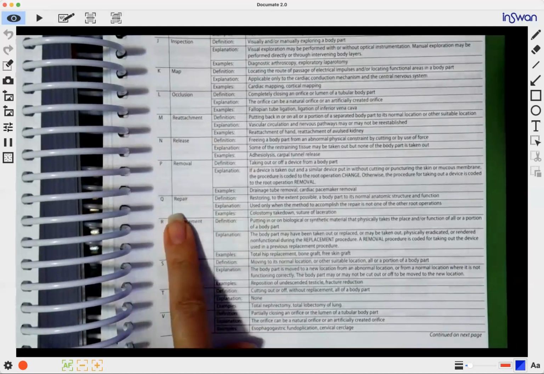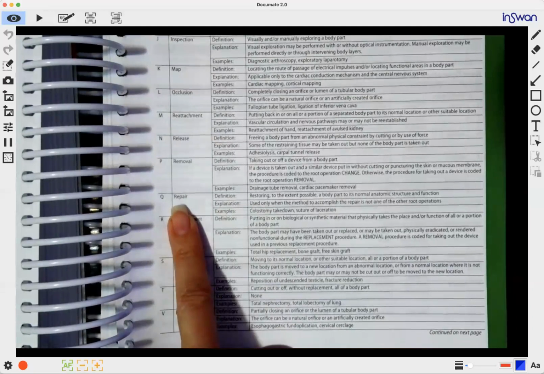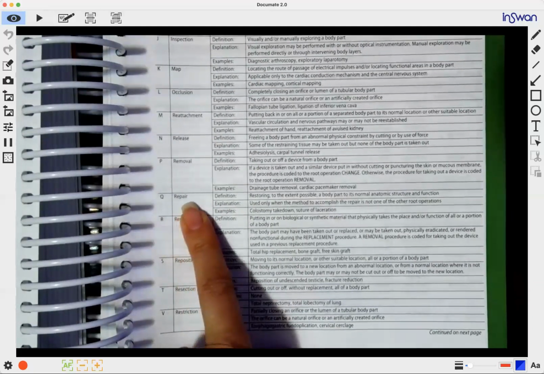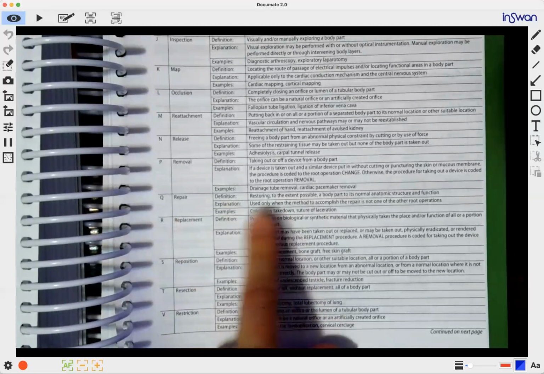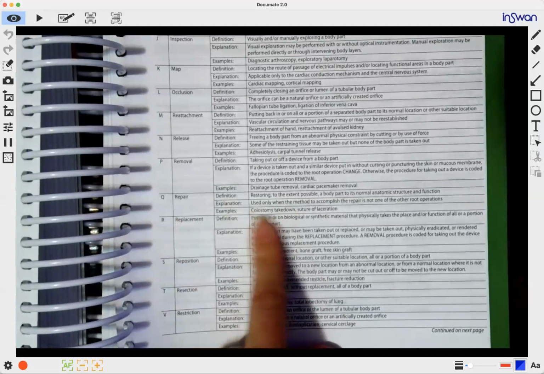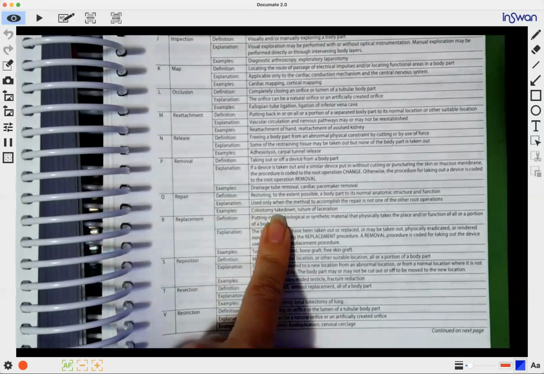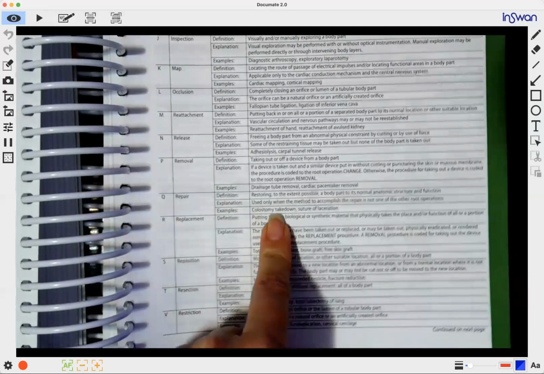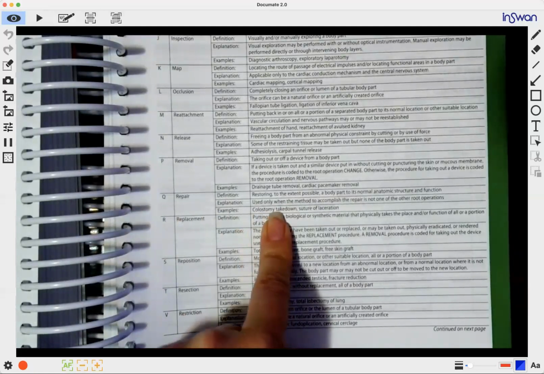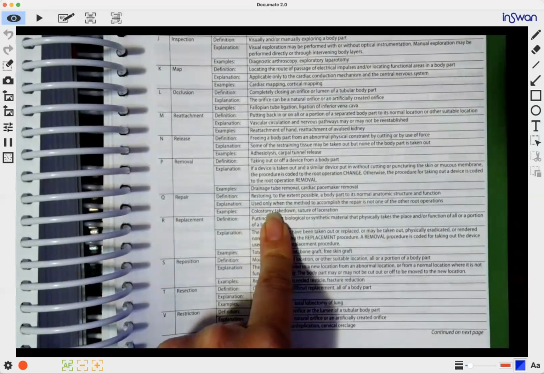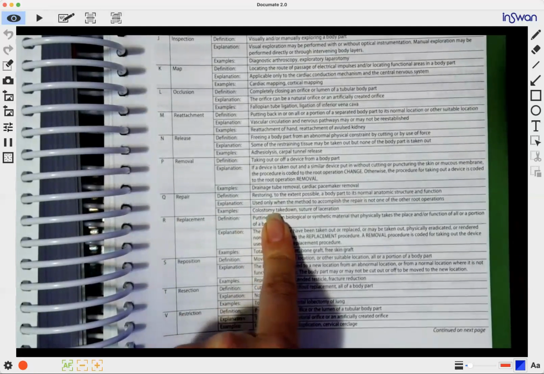If they have to do some kind of sutures, then repair is the only applicable root operation. When they do a colostomy takedown, so essentially what that means is the colostomy is going to be removed and they're going to suture them back up. So they're repairing that opening. So that external stoma that they made, they're repairing that by using sutures. So it's only used when no other root operation is used to accomplish the repair.